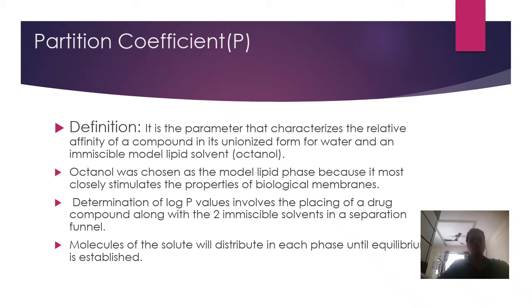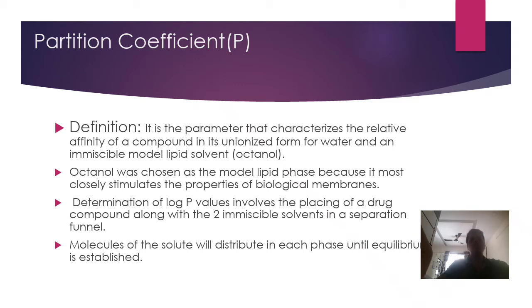So here octanol was chosen as the model lipid phase because it most closely simulates the properties of biological membrane. As octanol is favorable for the cell membrane structure, it is chosen.